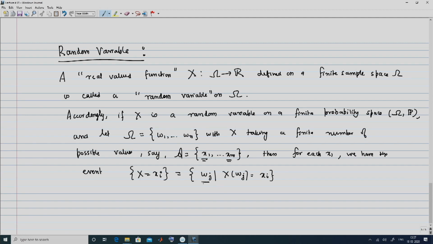That means all those omega j's in the sample space which take the value xi will be bundled together and represented as the event X equals xi in curly brackets. This implies that the event that X is less than or equal to xi is all those omega j's such that X of omega j is less than or equal to xi.